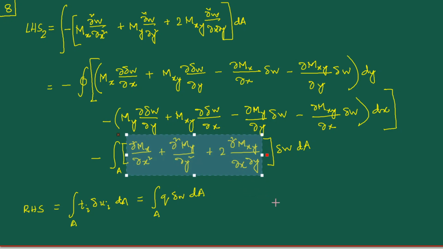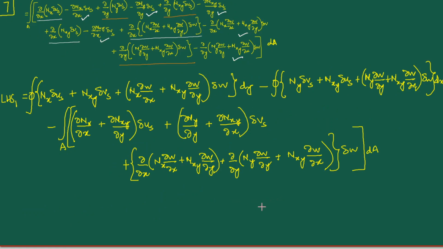Now, before I do that, I'll have to be a little bit careful in noting that here, although I have extracted it out, there is a minus sign sitting outside this integration. It didn't really matter for this term and this term because they were just alone.